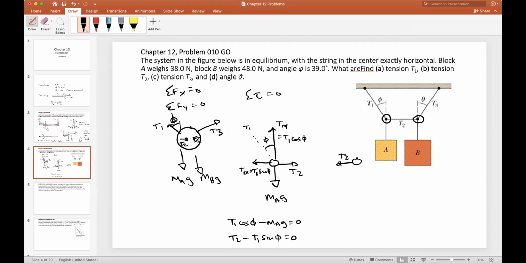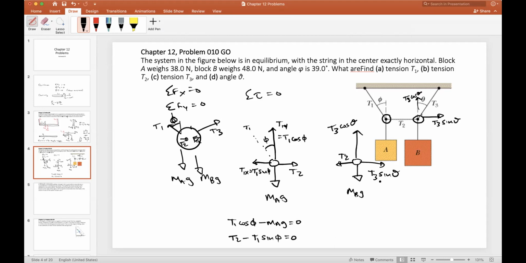If we look over here at T3, we would have MBG, and then, as we did before, up would be T3 cos theta, and to the right would be T3 sine theta, because this section here is T3 cos theta, this vector, and this vector is T3 sine.